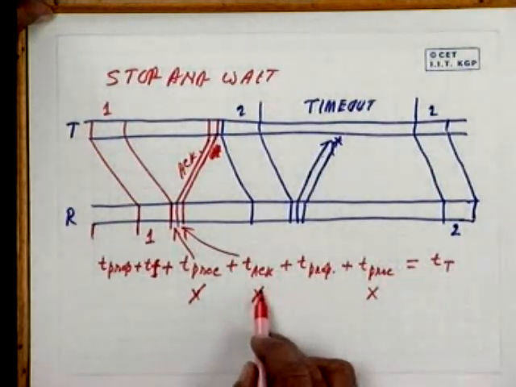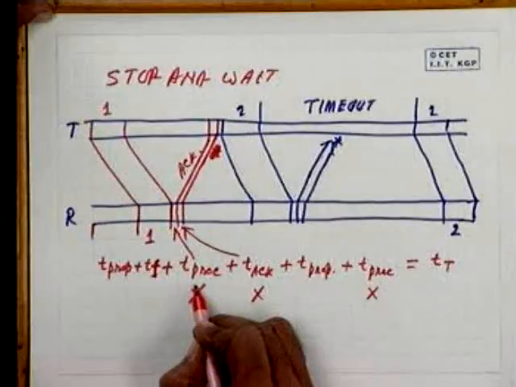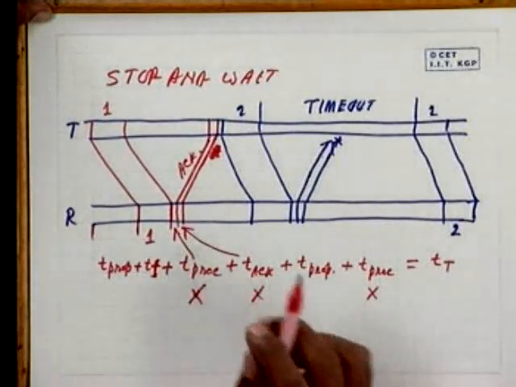T acknowledgement is small because the frame that you are sending as an acknowledgement is very small. On the other hand, the processing time is small because you are performing the computation with the help of a fast computer.